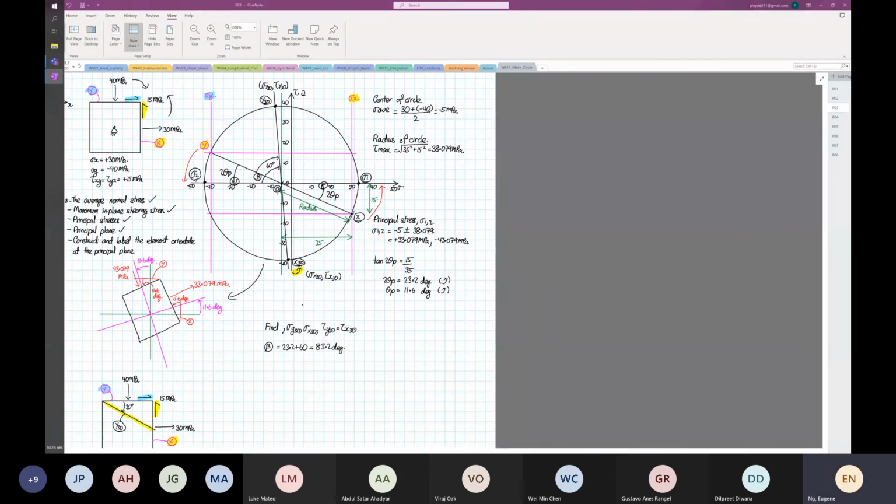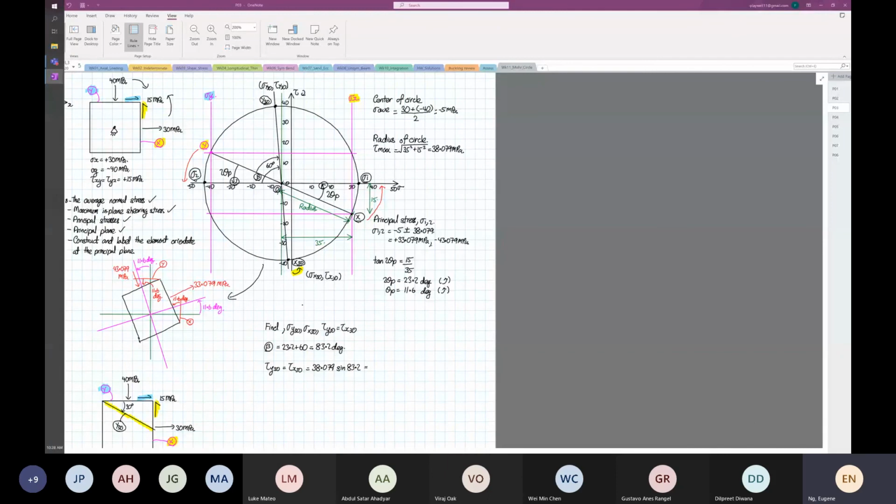So from here, I will usually like to find the shear stress Y30 first, and I'll tell you why later on. So the radius over here is 38.079, and it's going to be sine 83.2 degrees.